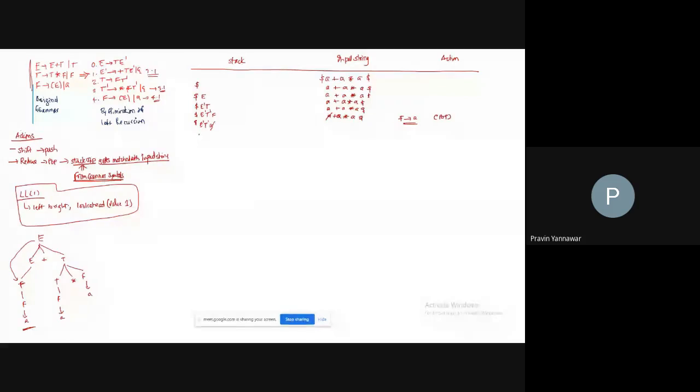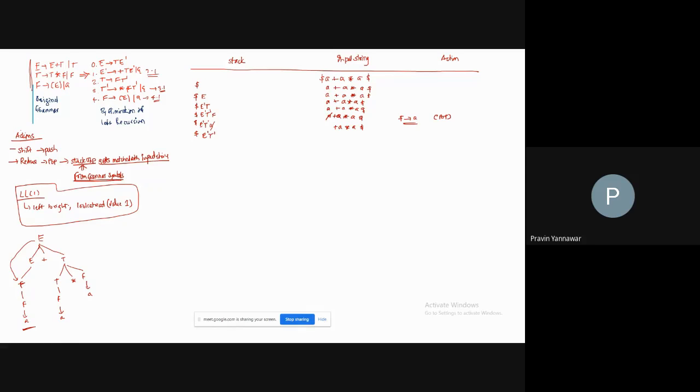Okay. So what is left on the stack is E dash T dash. Now, what is left on the input string is plus A star A dollar.